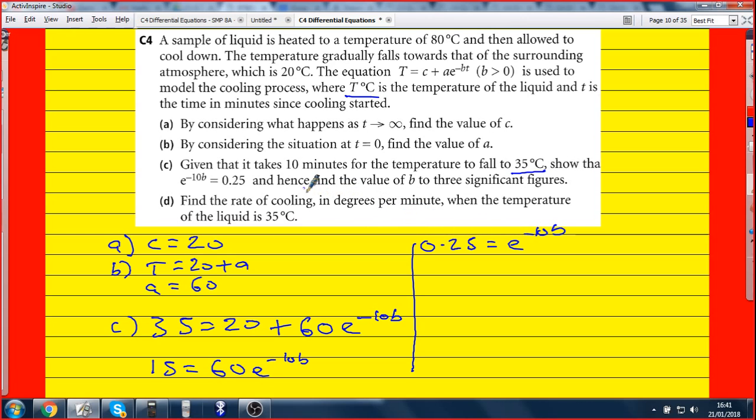And then hence. Yeah. 0.25 equals b, and whatever that is, to 3 sig fig, and then d.